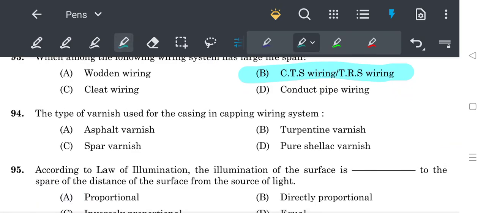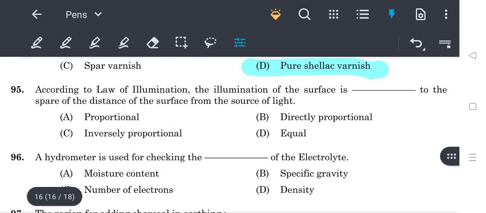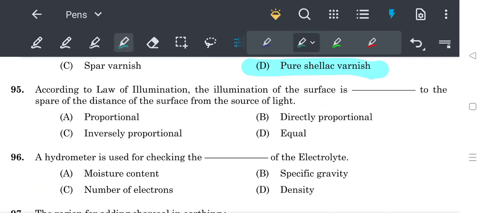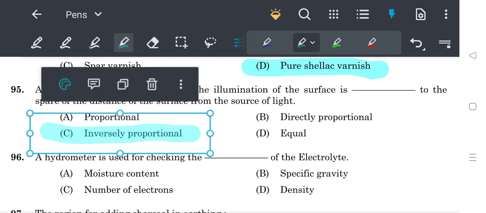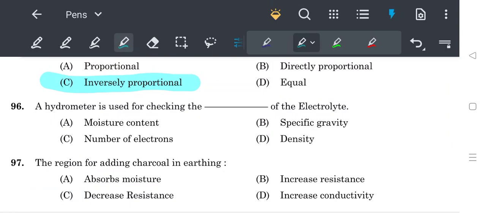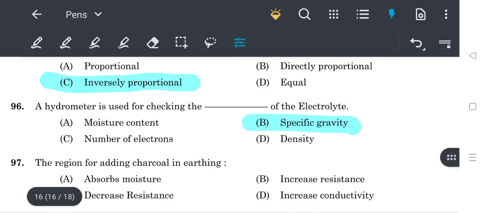The type of varnish used for the casing in a capping wiring system is pure shellac varnish. According to the law of illumination, the illumination of a surface is dash the square of the distance of the surface from the source of light. Answer, inversely proportional. A hydrometer is used for checking the dash of electrolyte. Answer, specific gravity.